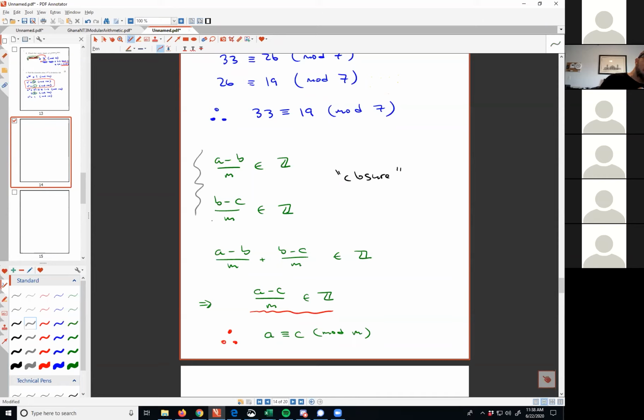These two statements gave us this statement. So we went from the definition to these statements, which gave us a similar statement, and then back to the definition.